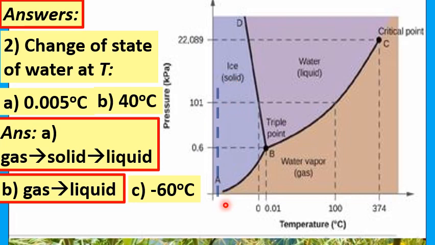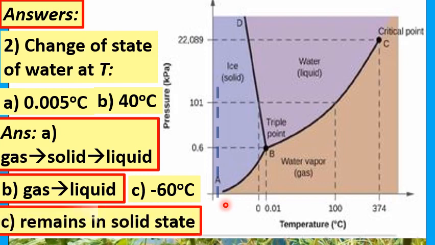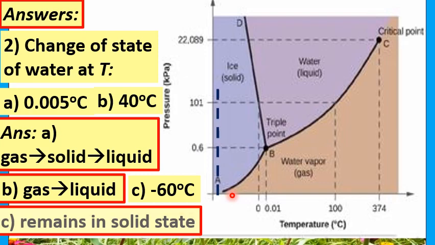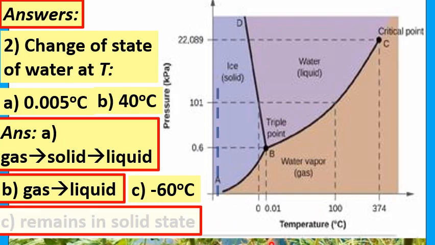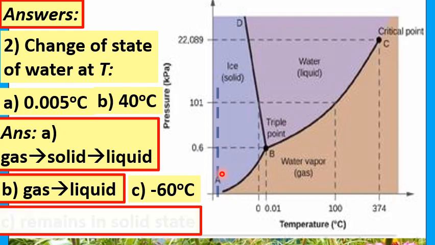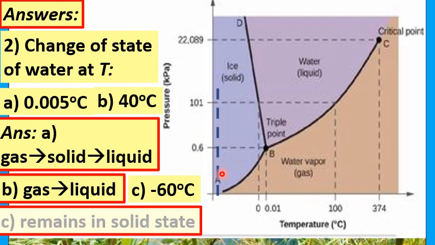In other words, our answer to letter C is that water does not undergo any phase change at such a very low temperature. So at a very low temperature like this, negative 60 degrees Celsius, and a very low pressure, water exists as a solid. Increasing the pressure at such very low temperature keeps water in solid state, even if the pressure increases.